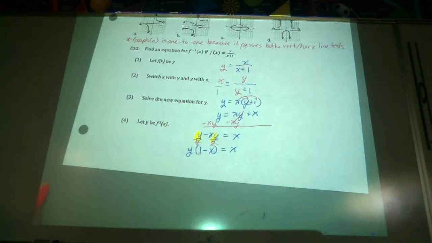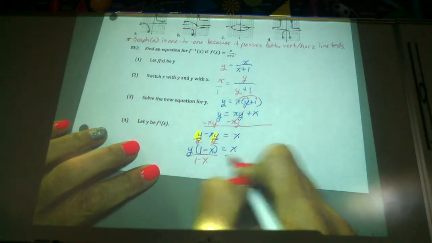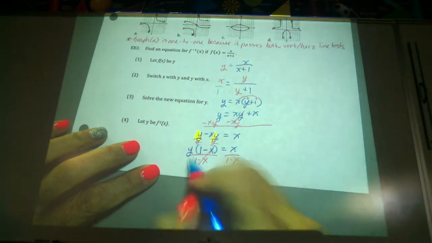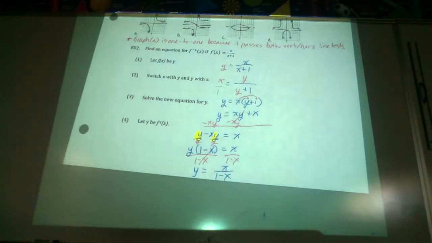Now I can solve for y. Y is being multiplied by 1 minus x. What do I do? Divide by 1 minus x on both sides. So the 1 minus x is canceled on the left, and we have y equals x over 1 minus x, but we're not done.